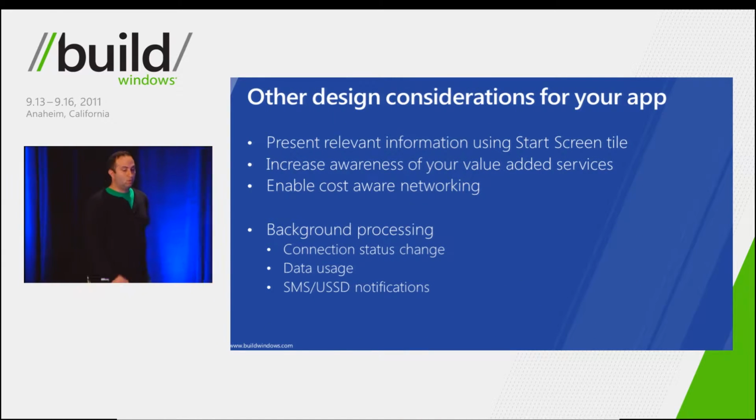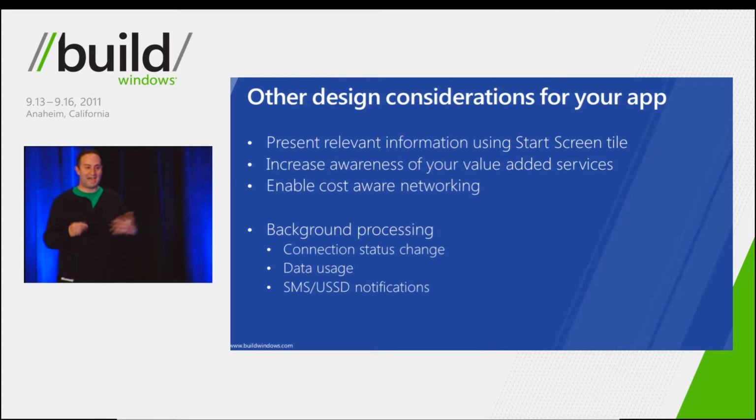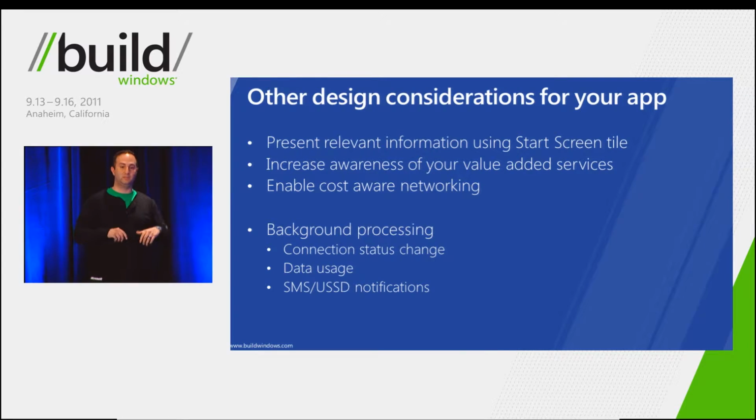So one of the key things that you should have picked up on by now is that the Windows Start screen is really where the party is at in Windows 8. That's where a lot of stuff is happening. That's where the apps get to show themselves, and that's where users really get to customize their Windows 8 PC. And so we really encourage you to make use of that really great real estate, that really great opportunity to show user-relevant information in a dynamic way.